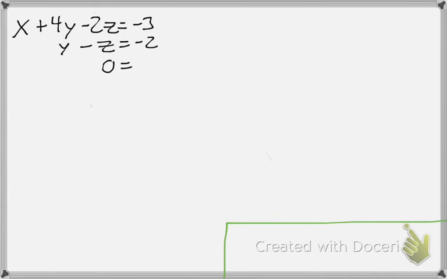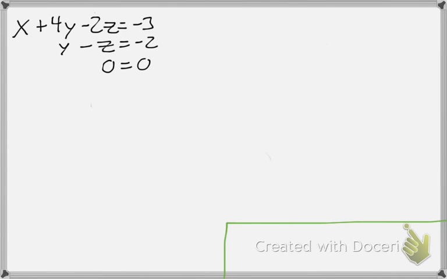I'm going to show that on the next slide. So this is going to be x plus 4y minus 2z is equal to negative 3. Y minus z is equal to negative 2. And 0 is equal to 0.